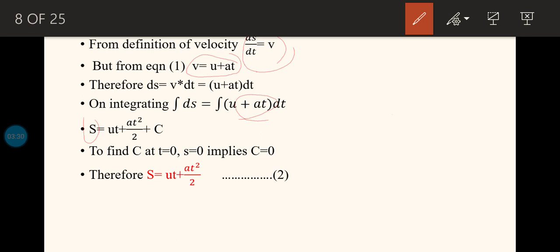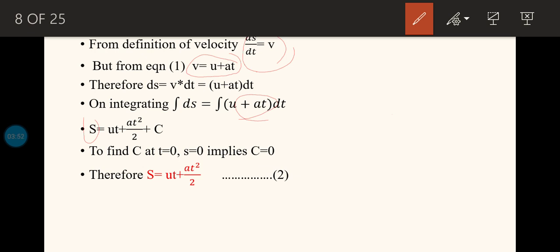Here also we want to find out the value of c, so we substitute the boundary conditions. At t is equal to 0, s is equal to 0. Since time equal to 0, the body has not started to move, so displacement will be 0.